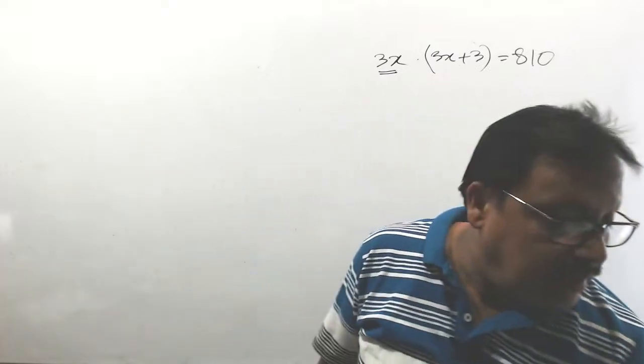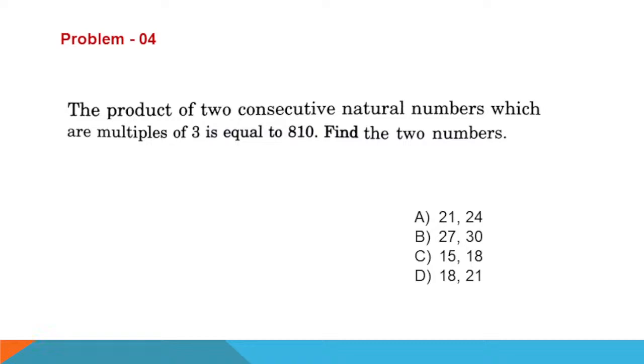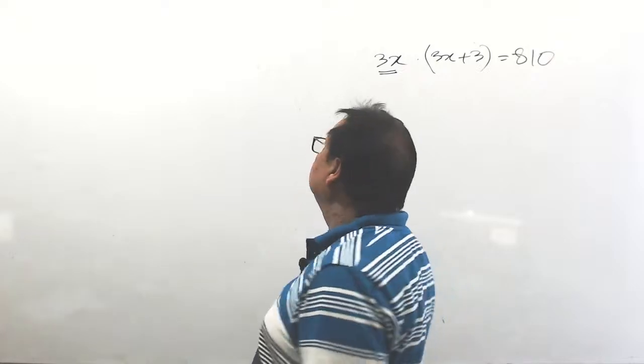See the problem again, that is the product of two consecutive natural numbers. Here it is given natural numbers. The multiples cannot be negative. Okay, which are multiple of 3, that is 3, 6, like this. Okay, now you have to solve.